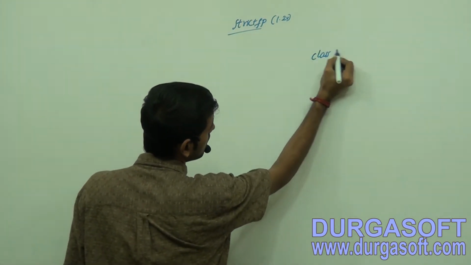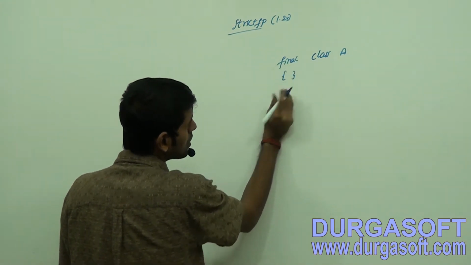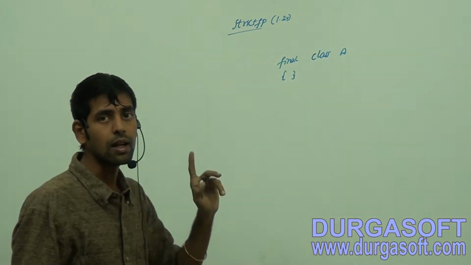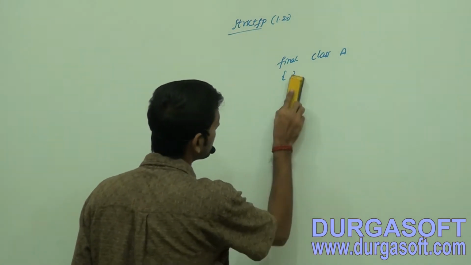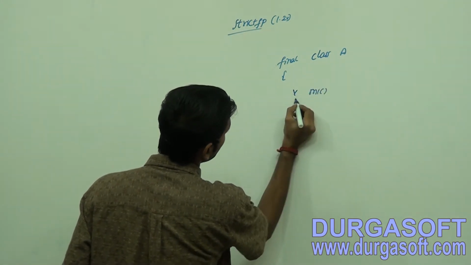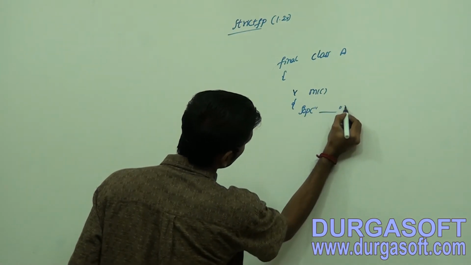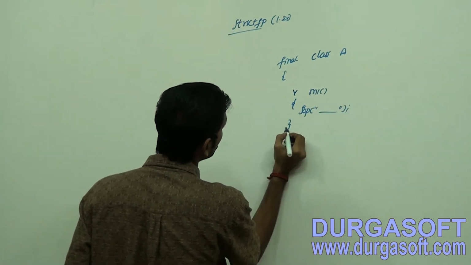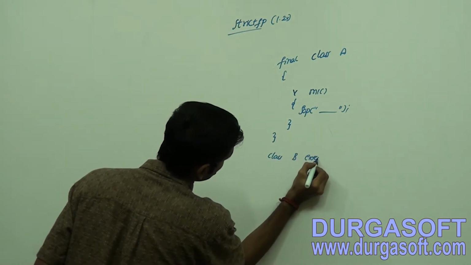Try to observe here. If there is a class with a final modifier, what is the meaning of this class? You cannot inherit anything from this class. Let it have void m1 with some implementation. Now, child class creation is not possible.